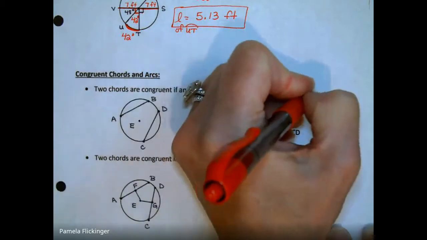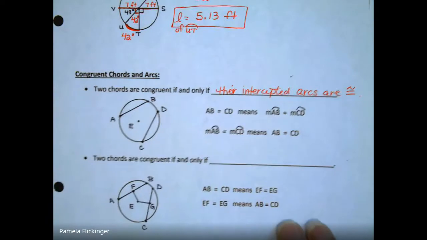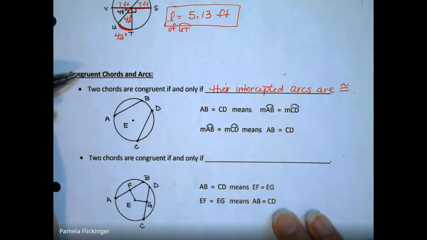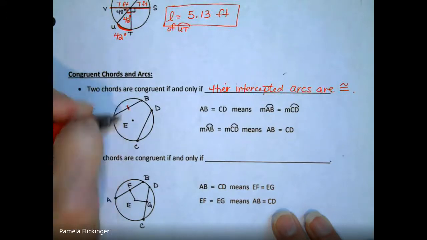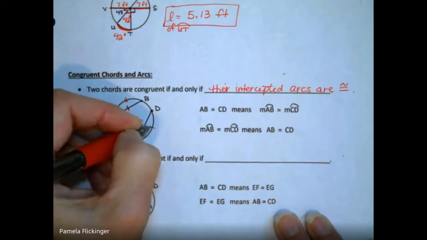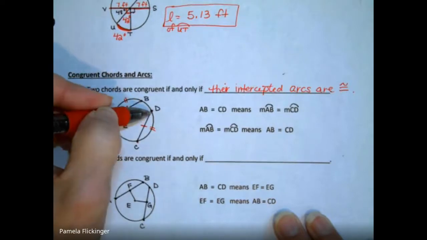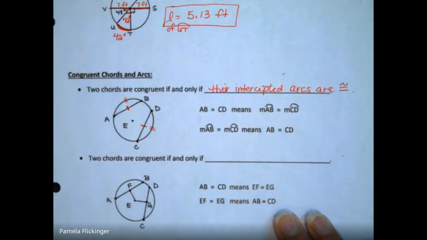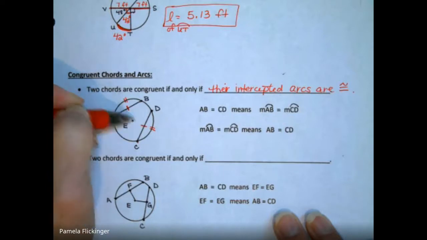So when I look at this, if I know that the measure of this chord AB equals the measure of this chord CD, then I know that these arcs are going to be congruent as well. So the measure of arc AB will be equal to the measure of arc CD. And then vice versa. If we're told that the arc measures are equal, then we know that the chords will be equal as well.